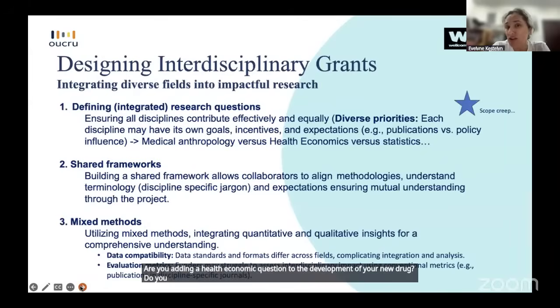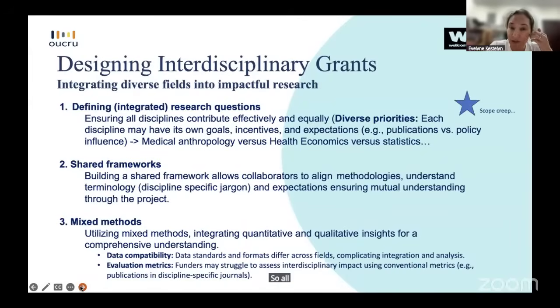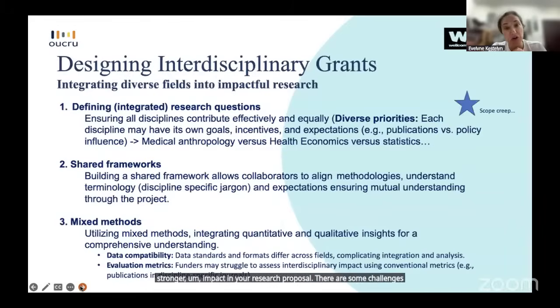Do you have a social scientist looking at acceptability of this new drug? So all these different disciplines can really help you to create a much stronger impact in your research proposal. There are some challenges in data compatibility and evaluation of certain metrics. But again, if you think about that from the beginning, early on, then this is something that can be overcome.